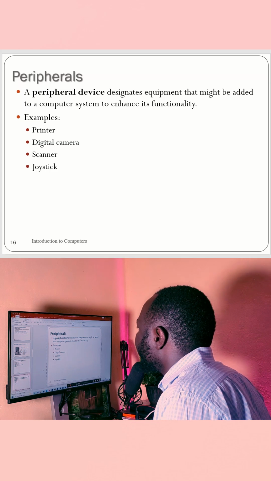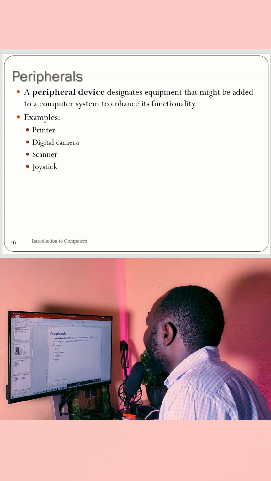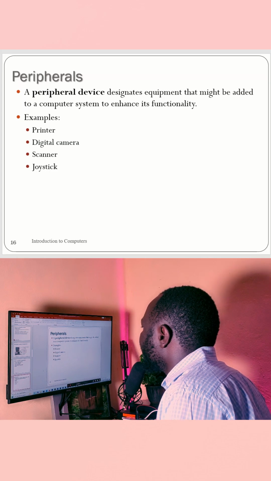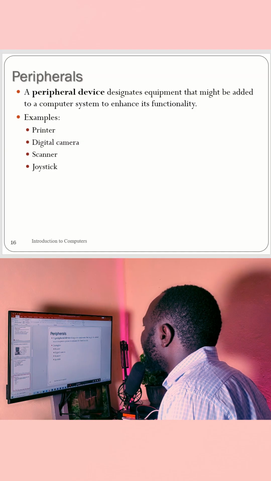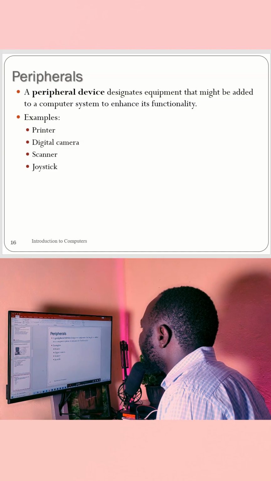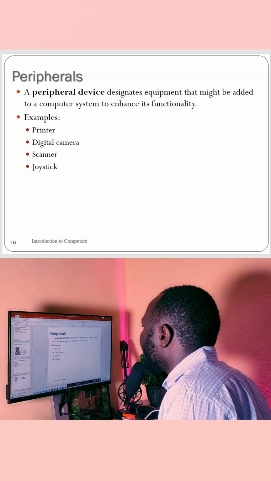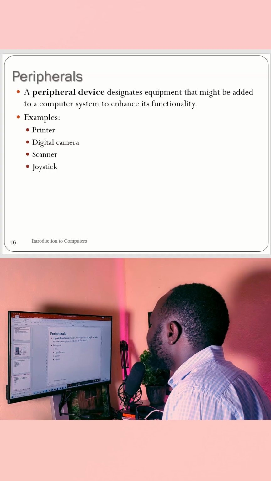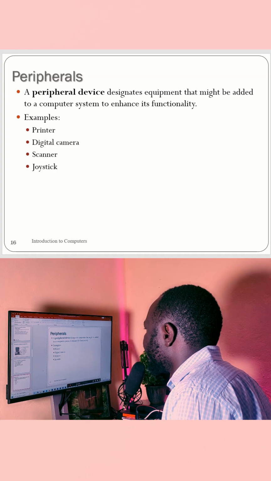You want to scan your documents into your computer, then the scanner becomes the peripheral device. You want to play video games, whereby you can use a joystick for directing motions or controlling directions, then the joystick becomes your peripheral device.